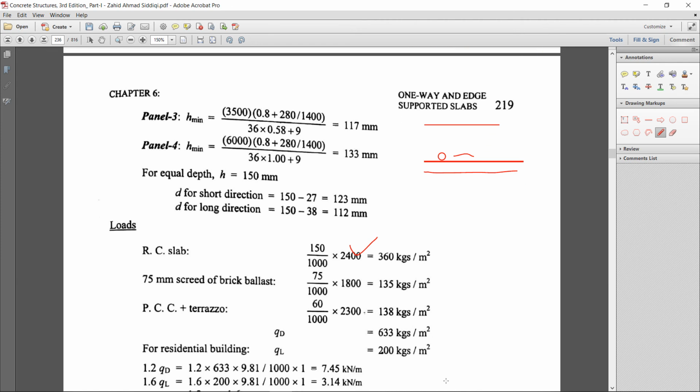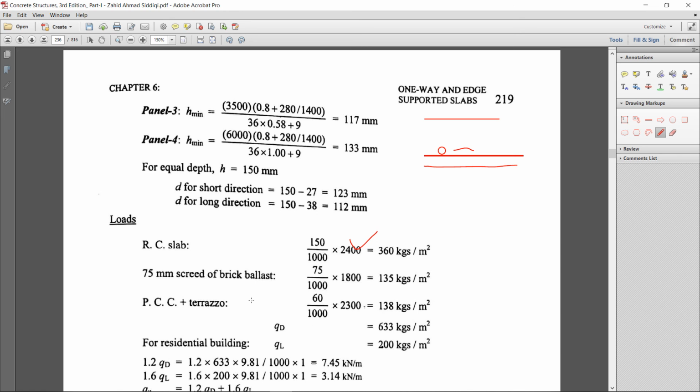Now for the factoring, we have to multiply the dead load by 1.2, and the live load by 1.6. Why are we multiplying separately by 1.2 and 1.6? Because in the previous pages of this book, I have shown you that the coefficients are given in terms of positive dead moment, positive live moment, and negative moment for the three conditions.